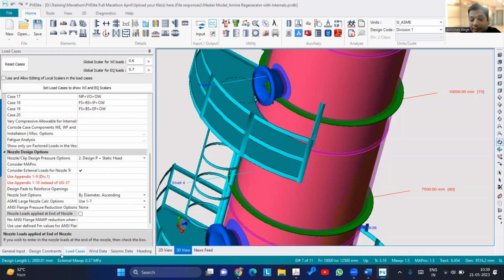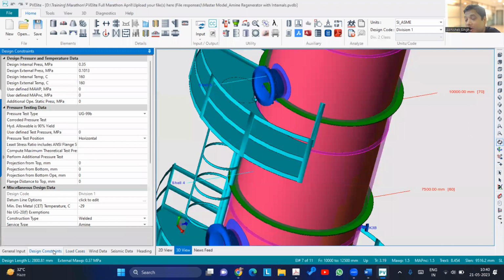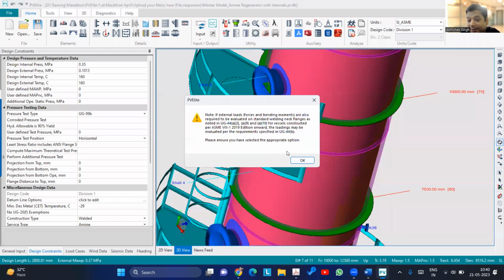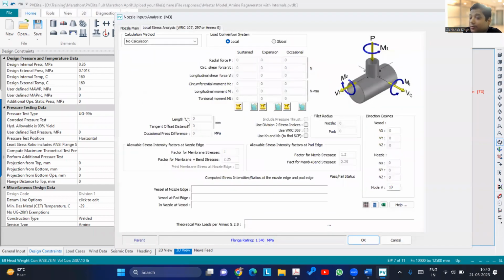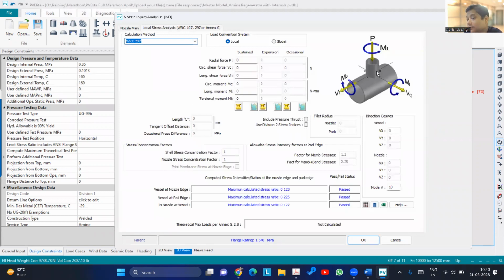But if you are not using this, then what you can do is recalculate all the loads at the center line. Getting it, guys? So either you can use that option or you can convert. You can transfer all the loads.